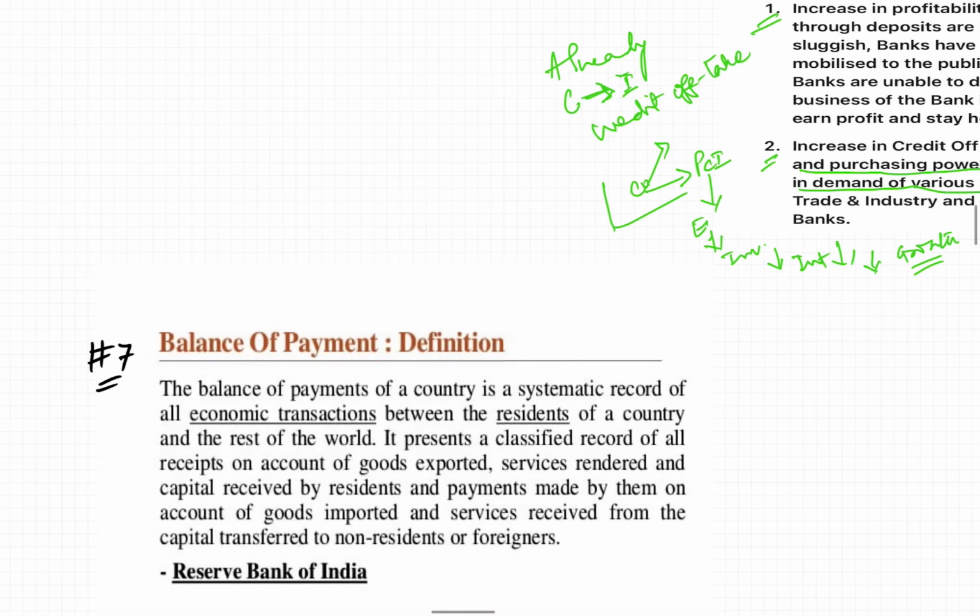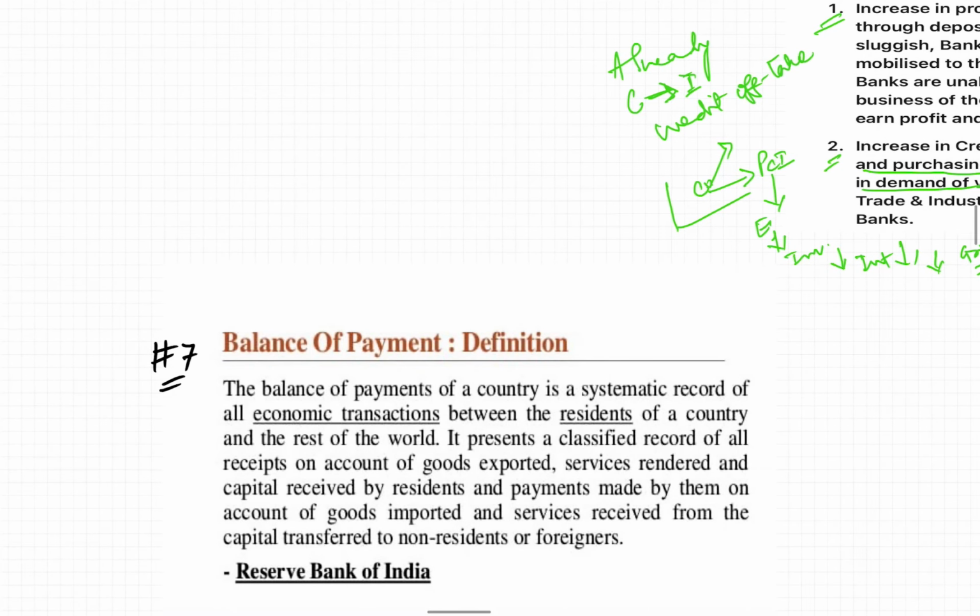Now here, there's one more term called balance of payment. What's the balance of payment definition? It is a systematic record of all economic transactions between the residents of a country and the rest of the world. It presents a classified record of all receipts on account of goods exported, services rendered, and capital received by residents, and payments made by them on account of goods imported and services received.